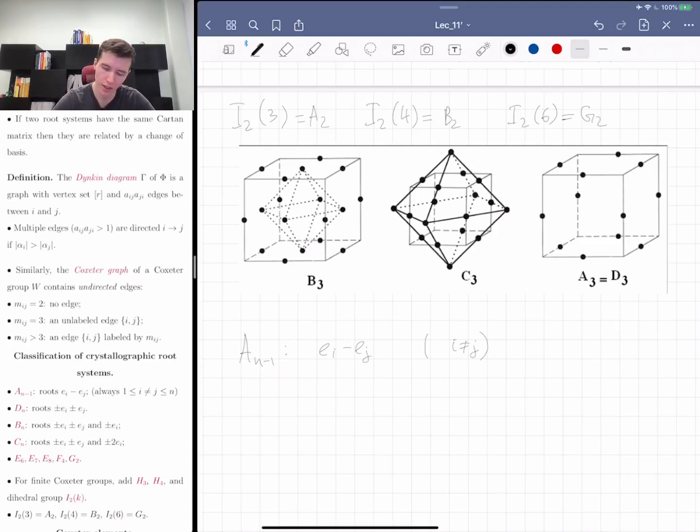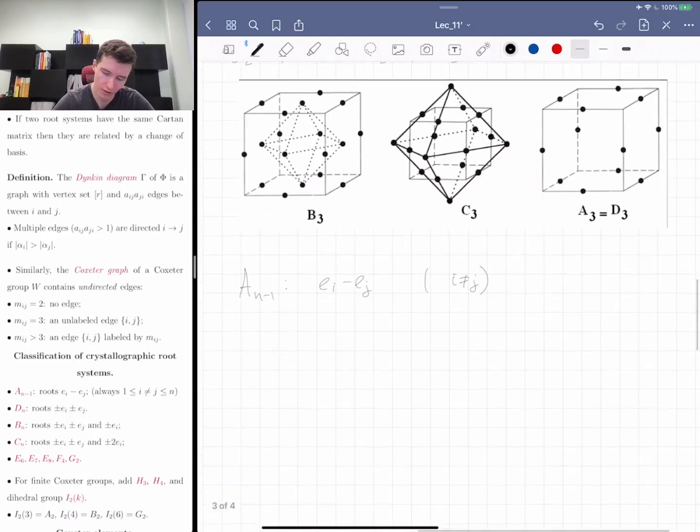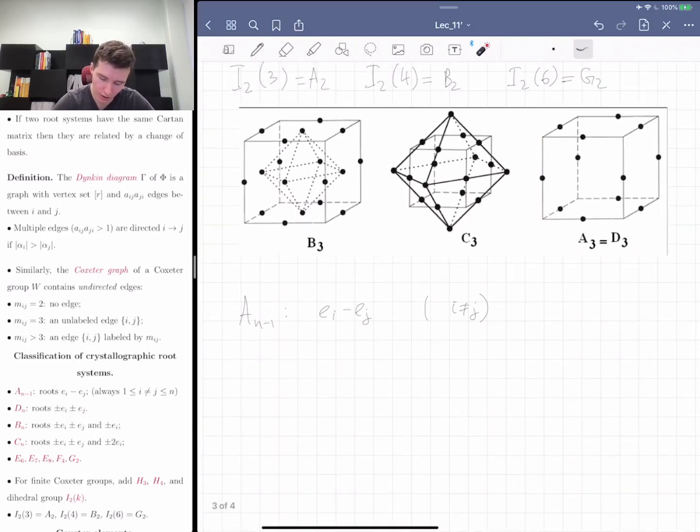So you just take all possible differences like this, as we discussed previously, and then you get a root system of type A_{n-1}. Because the index is always the dimension of the span of your root system. In this case, it's n minus 1 dimensional. i and j go between 1 and n.